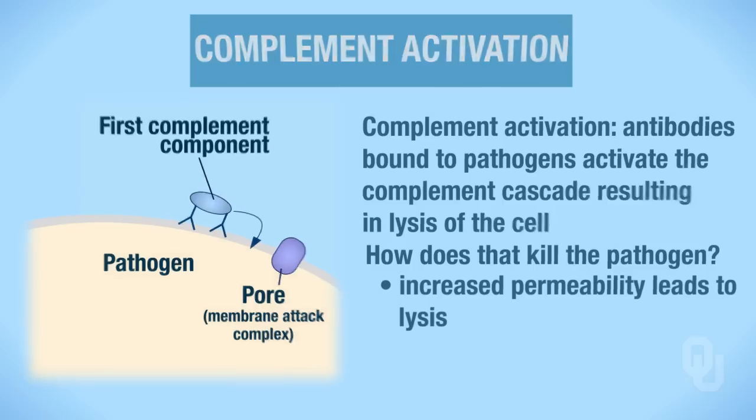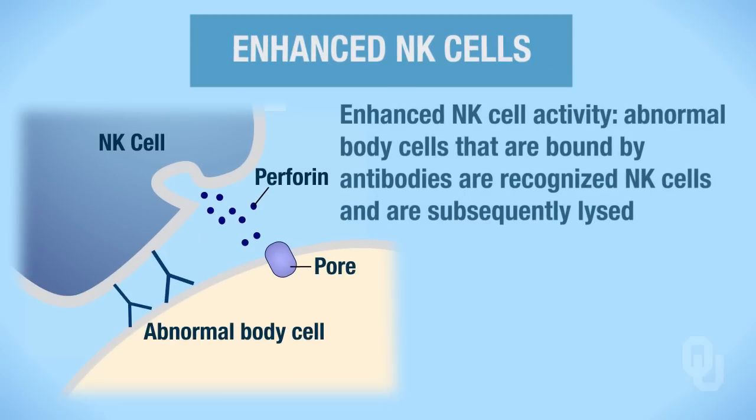All right, antibodies can also enhance natural killer cells. If we look here, here's our natural killer cell up on the top left. Our abnormal body cell, maybe it's a tumor cell, is on the bottom right. So what we're going to have here is an antibody that binds to the abnormal cell. When it binds to this abnormal cell, it's marking the cell for death.